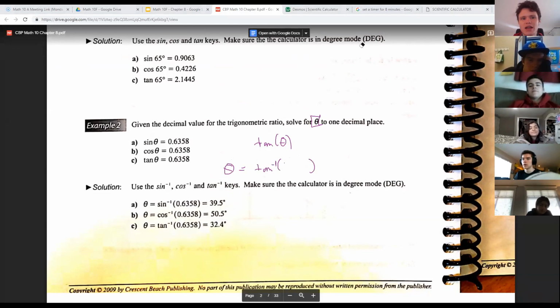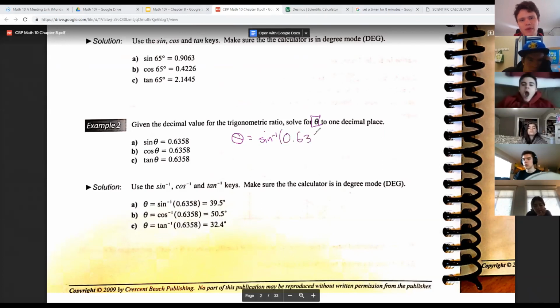So let's try 2a here. In 2a, we're doing sine. In order to find that theta, we use the inverse sine on the ratio. So let's try it. Theta equals the inverse sine of 0.6358.